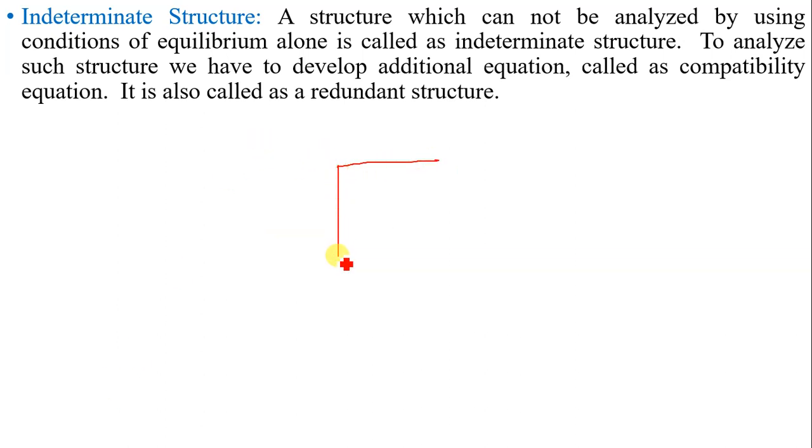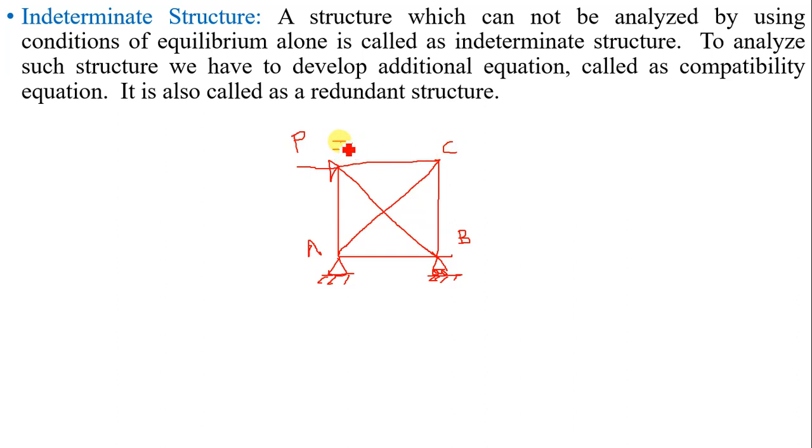I will consider again a simple frame carrying a horizontal load, supported on a hinged support at say A, and there is a roller at B. But here I will add one more member, A, B, say C and D. Now what will happen?